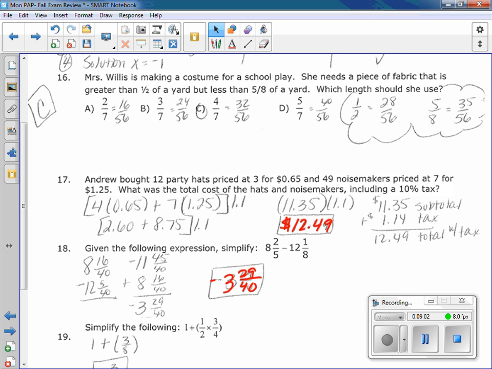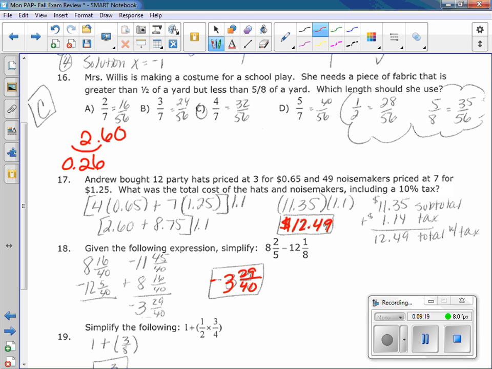So I multiplied that. And then somebody asked me last period, if I'm doing a tax, can I do it all together, or do I have to do it afterward, or individually? It actually doesn't matter. If you have 260 and you find 10% of that, that's going to be 26 cents. And if you have 875 and you find 10% of that, that's going to give you that amount.